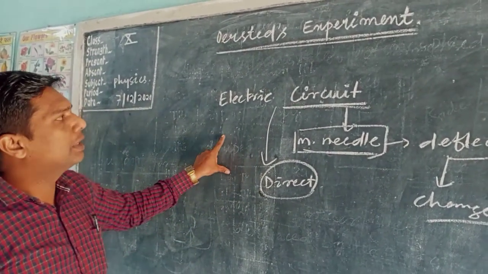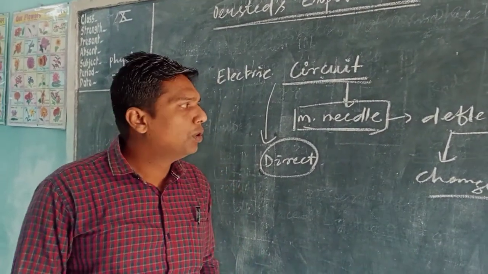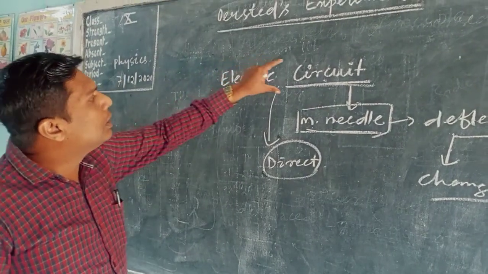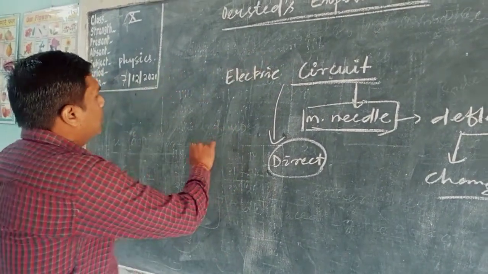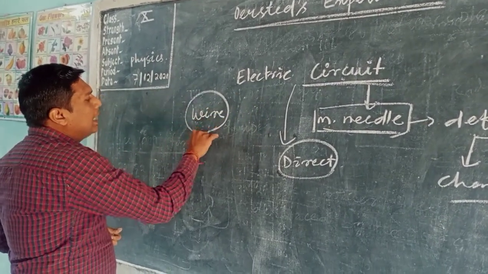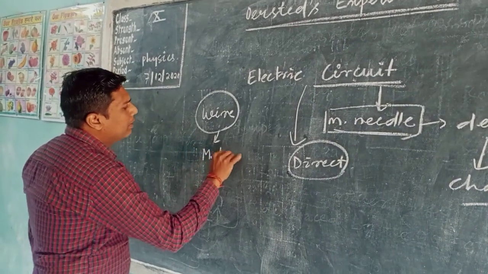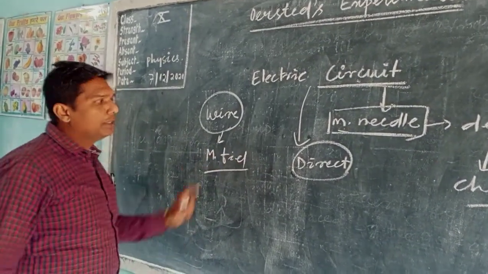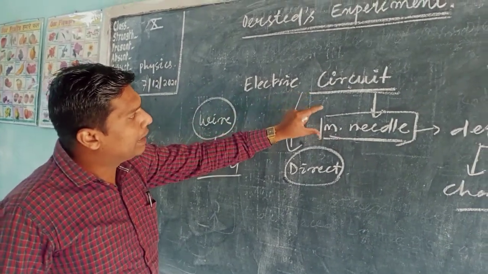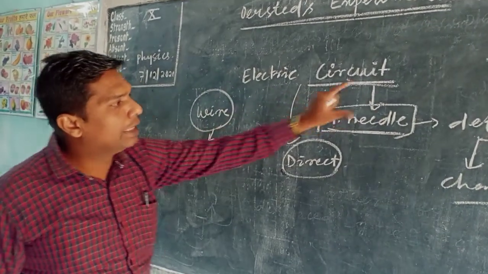That means in this case he came to know, and he proved, that when current is flowing through a conductor, at the time, around the conductor or around the wire, a magnetic field will be created. How did he come to know? Just see here. When the magnetic needle is kept near the electrical circuit, the magnetic needle can deflect.